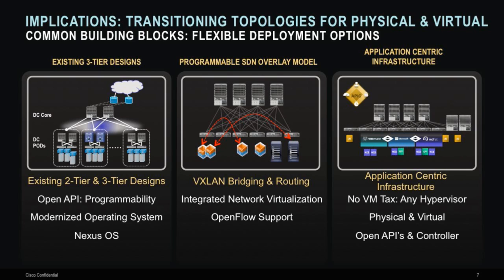We also get a modernized OS with NX-OS. Then we move into the layer 3 overlay, which is that second picture there. With this, we get the penalty-free, non-blocking VXLAN overlay. So we don't have layer 2 issues like STP convergence, essentially, that can cause latency within our network.